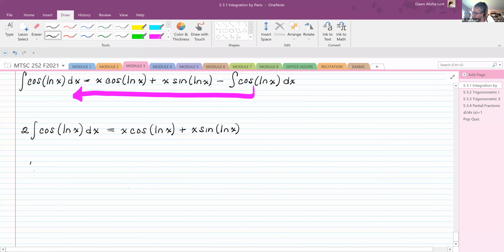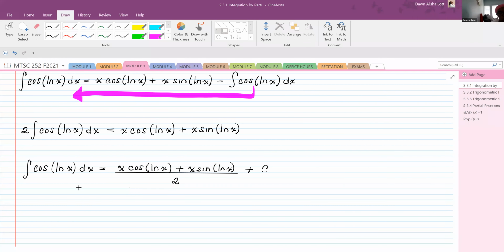The integral of the cosine of the natural log of x dx is equal to x, the cosine of the natural log of x, plus x, the sine of the natural log of x, divided by 2, add on my arbitrary constant, and I am done.